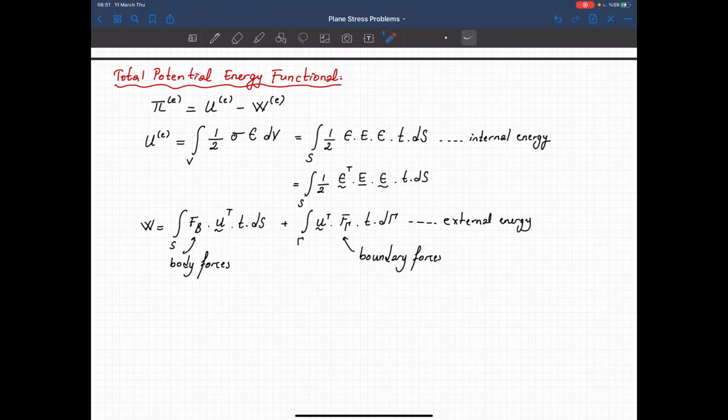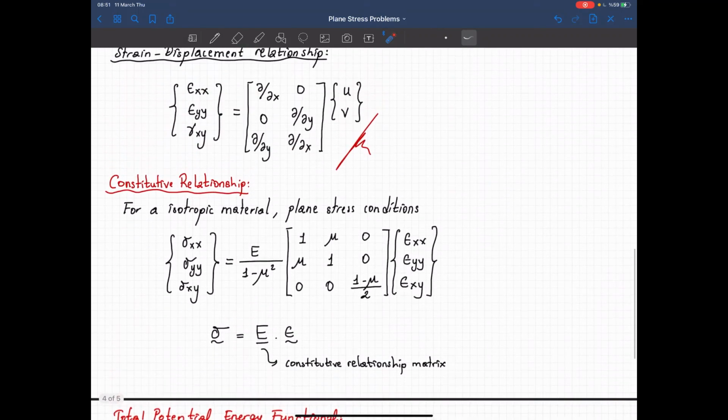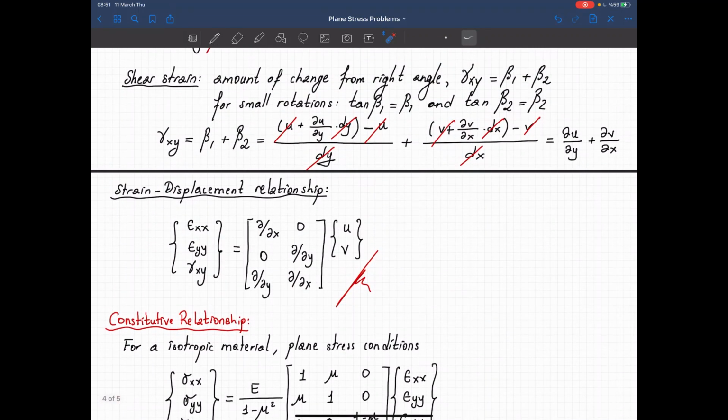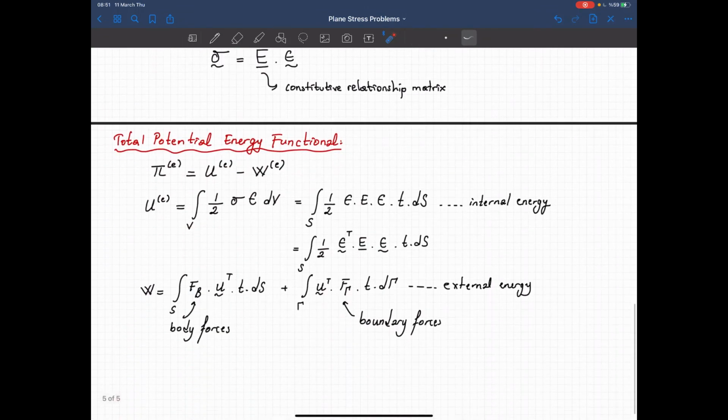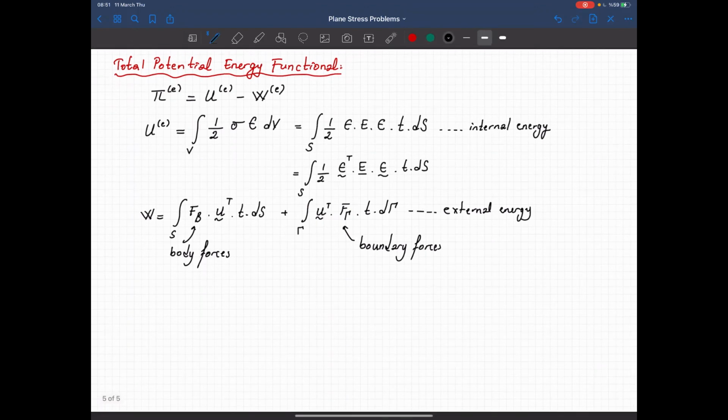So when we look at this, the external work expression, we have the displacements itself. So let's take a look at the internal strain energy. So here I have the strains. So let's take a look at what we have for the strains. For this purpose, I'm looking at the strain displacement relationship. Strain expressions have the first derivatives of the displacements. Okay. So let's put it as a note.